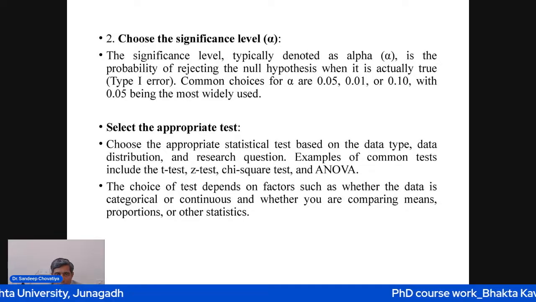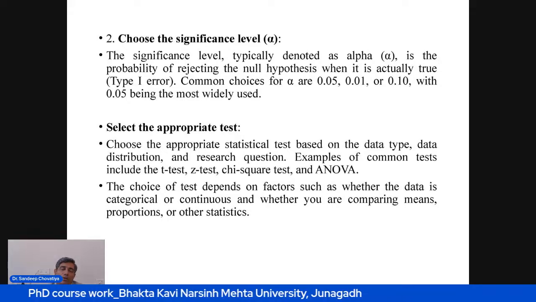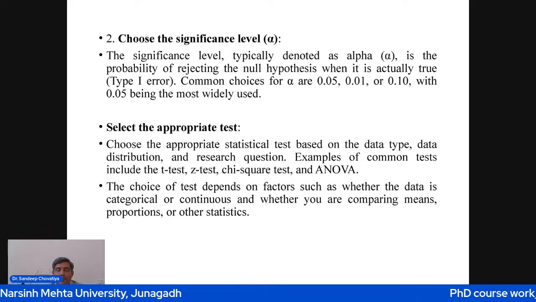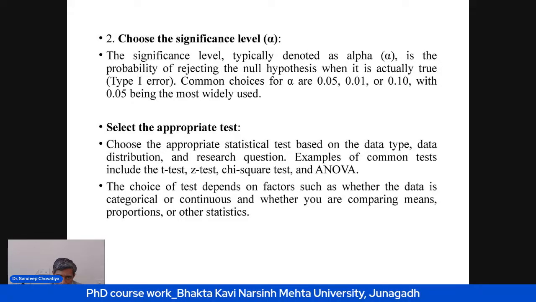So once again, students, remember that it is the probability P of rejecting the null hypothesis when it is actually true, and we commit the type 1 error. So the common alpha value, whenever you do research work, which is selected in most research papers is 0.05, or we can say a level of 5%.